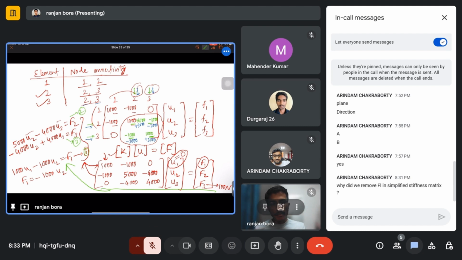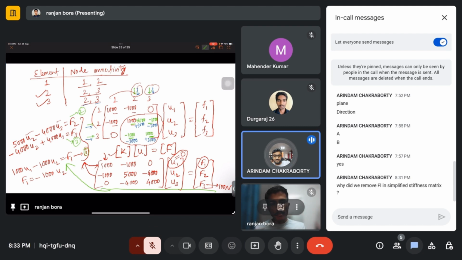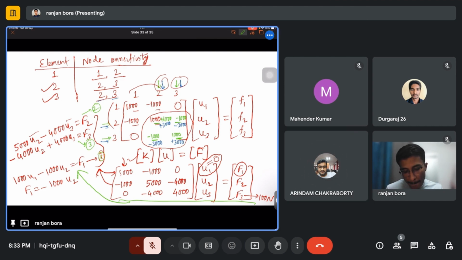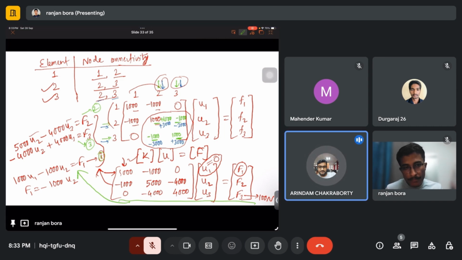Arindam? Yes, I was just wondering, in the next slide you remove the F1 part. Since U1 is 0, is that the reason F1 was removed, or was there anything else?